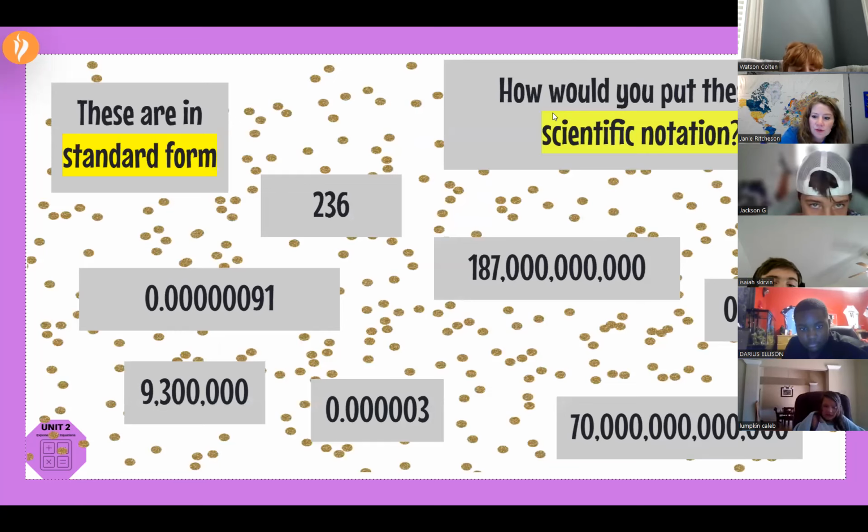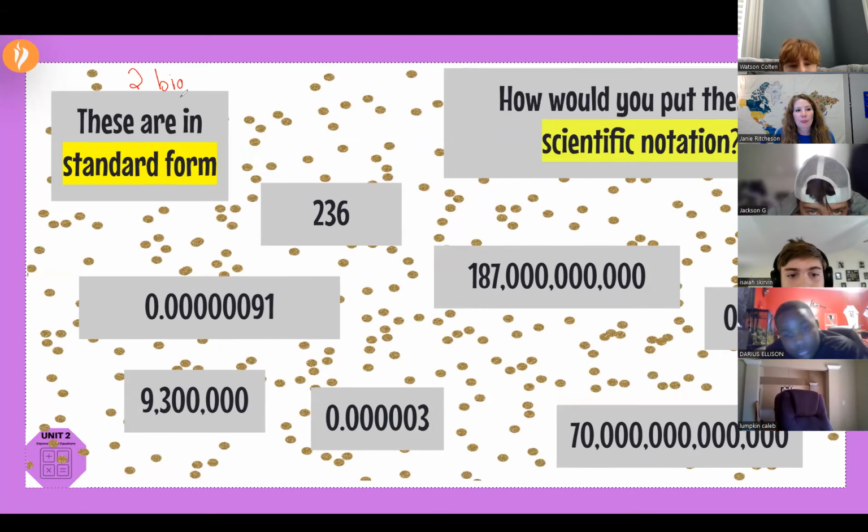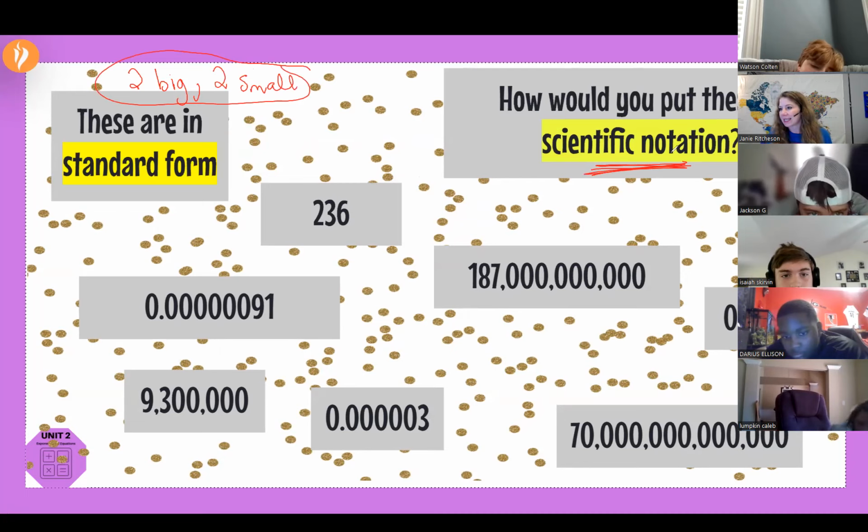There are 7 problems on this page. I want you to pick any 2 big numbers and any 2 small numbers and write them in scientific notation. Try them. Ready, set, go. Write them in scientific notation. That means your answer must have a times 10 in it.